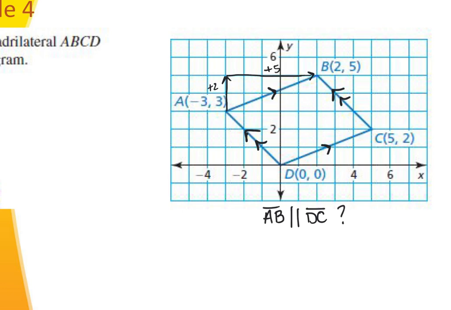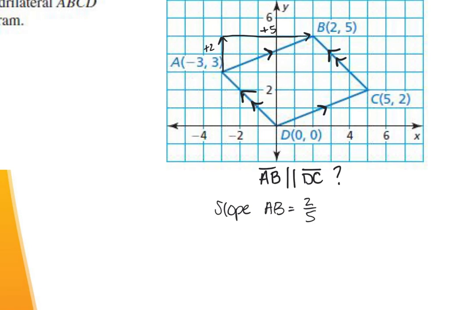Yeah. So what's the slope? Okay, slope of AB is 2 over 5. What's the slope of DC? 2 over 5. Plus 2, to the right 5, so plus 5. So the slope of DC is 2 over 5. Are they parallel? Yes, parallel.